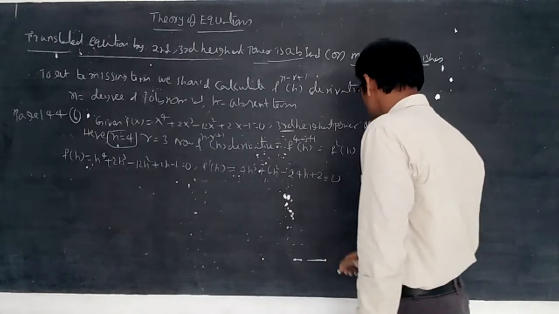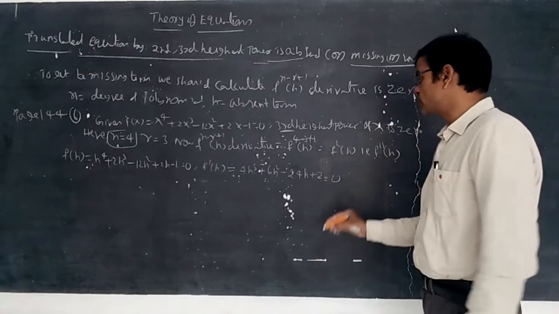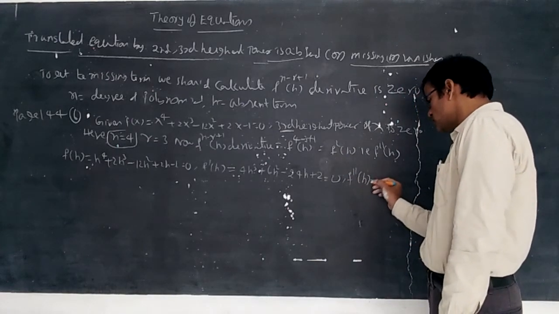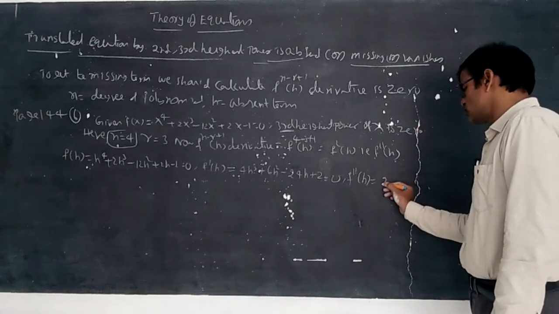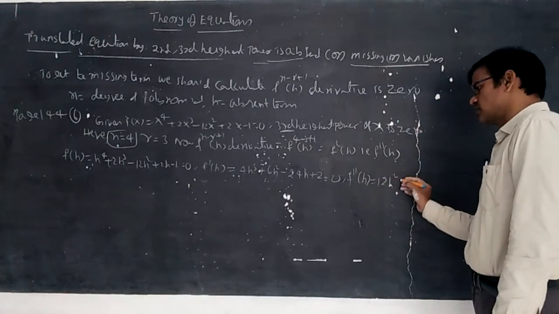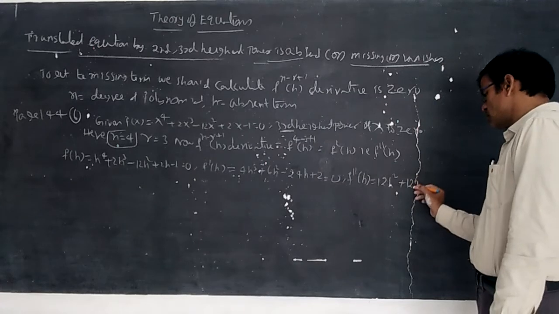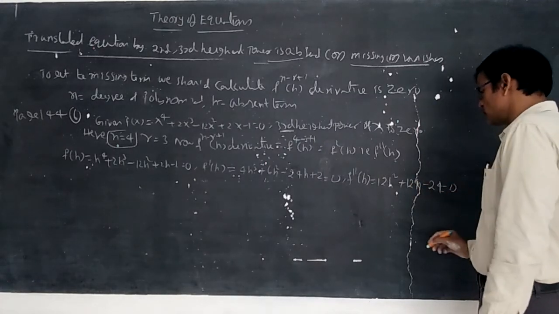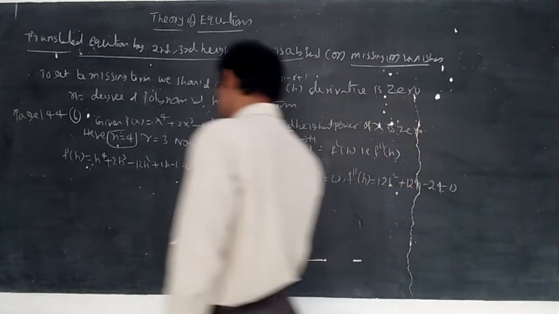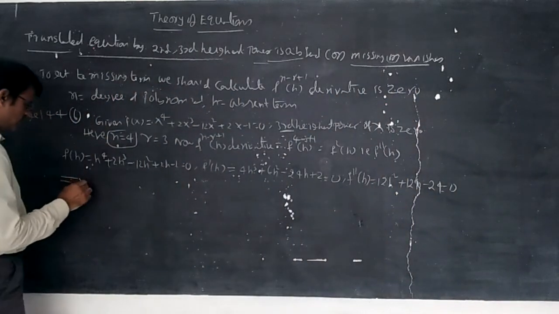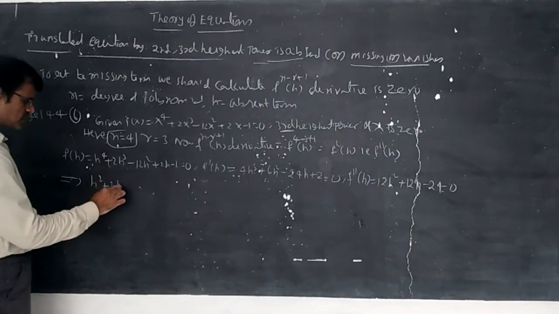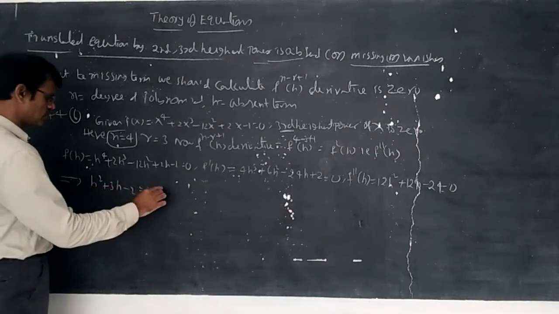Again, f double dash h: another derivative, 4 3s are 12h square plus 12h minus 24 equal to 0. Divide with 12, and it becomes h square plus h minus 2 equal to 0.